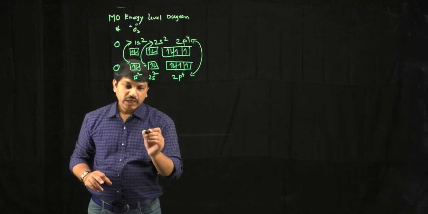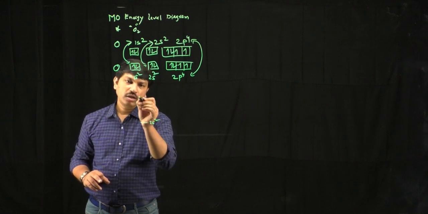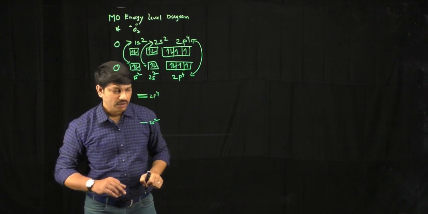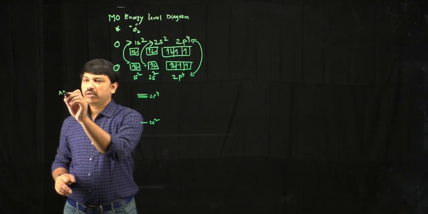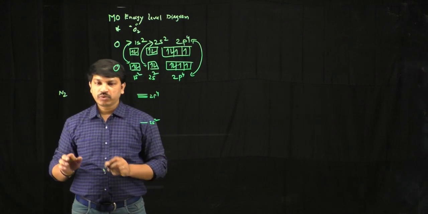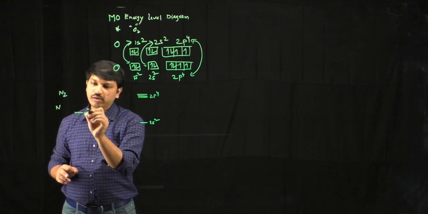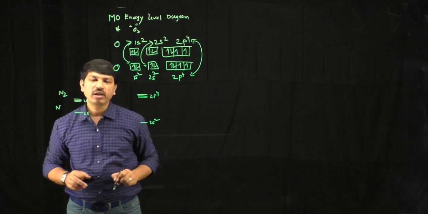So in the case of the oxygen atom, this is the 2s2 level and this is the 2p4 level. Whereas in the case of the nitrogen atom, this is the 2s level and these are the 2p levels.